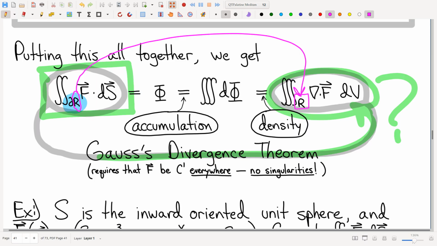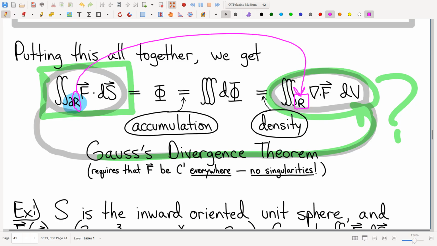So for your consideration, if the flux that you're interested in is not the boundary of something, if there is no R, not only is the flux not equal to this triple integral, there is no triple integral, because there is no region on which to even talk about it. Does everybody see? This is why I say this is a catastrophic mistake.